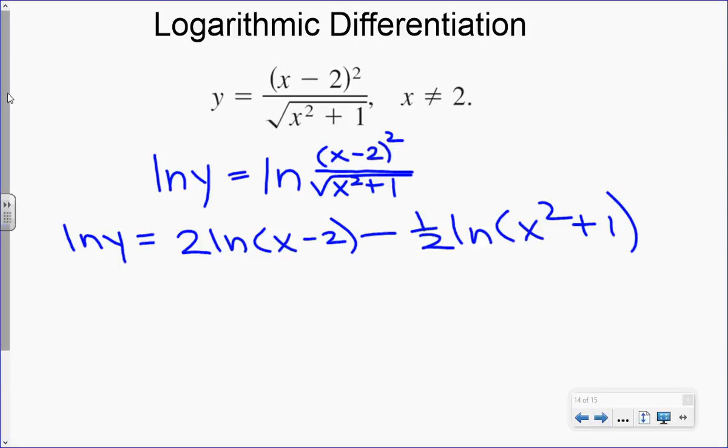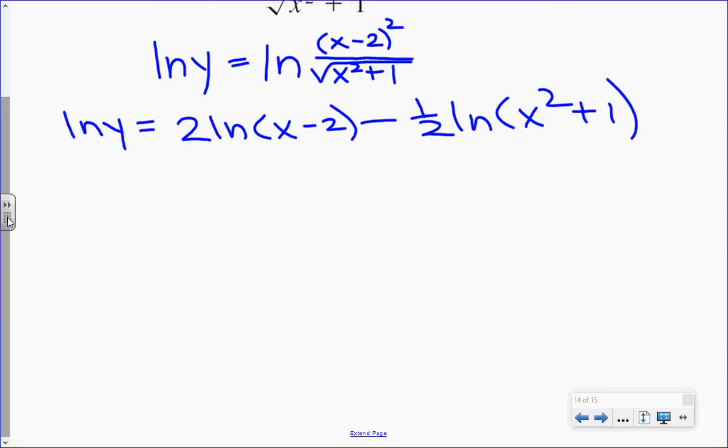Now, notice how we have created an implicit problem now. Good thing we know implicit differentiation. Okay. So when we go here to the natural log of y, the derivative of the natural log of y would be 1 over y dy dx.